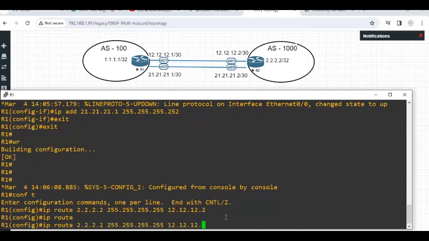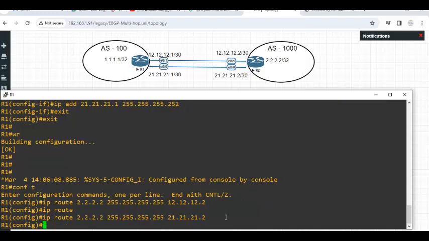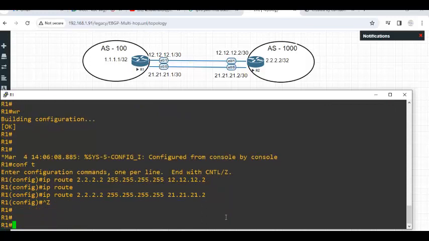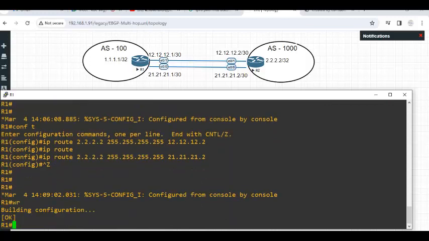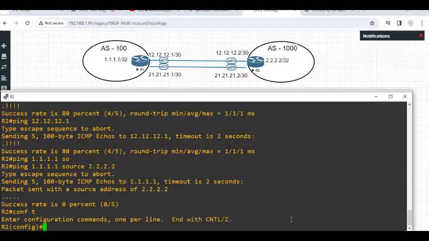Likewise, I need a static route on router 2. IP route in order to... That's our next step.